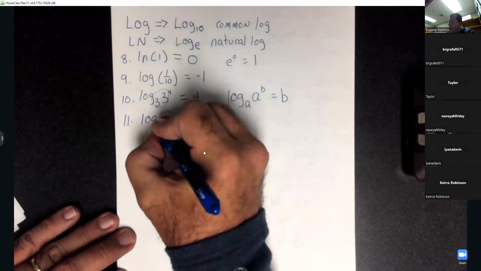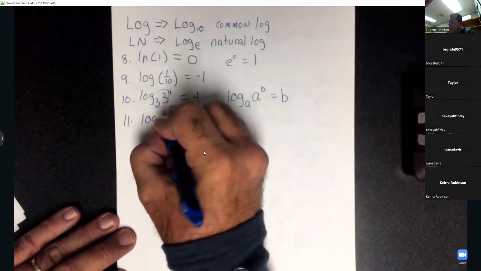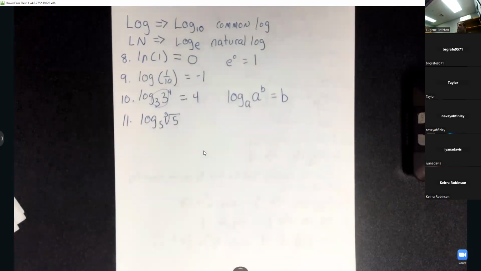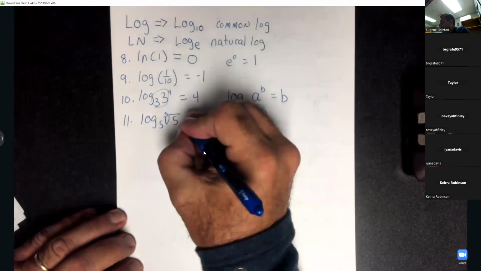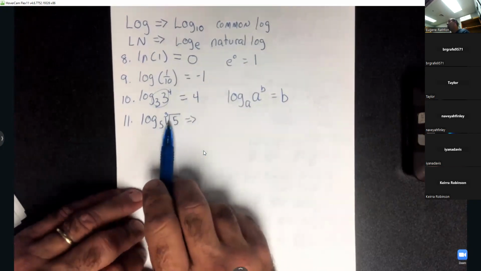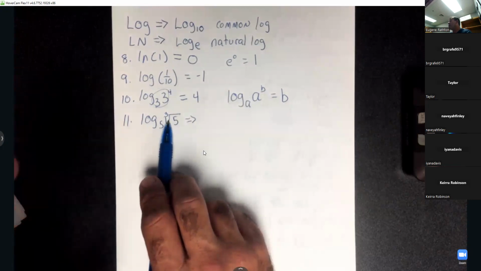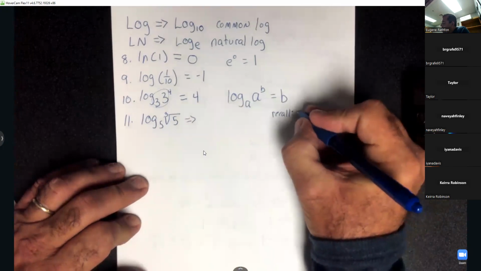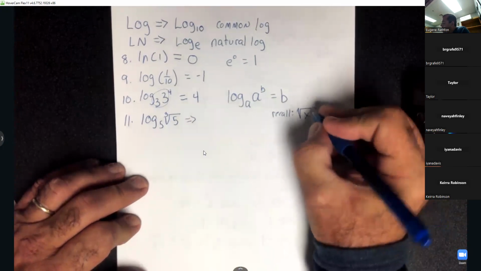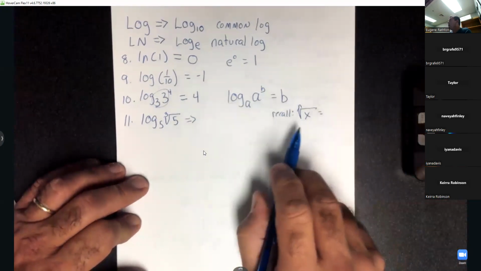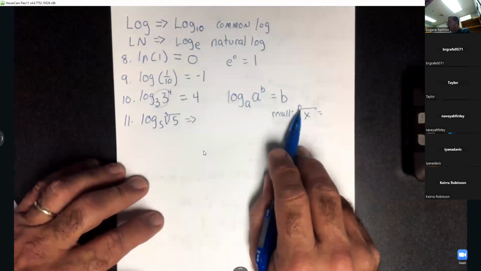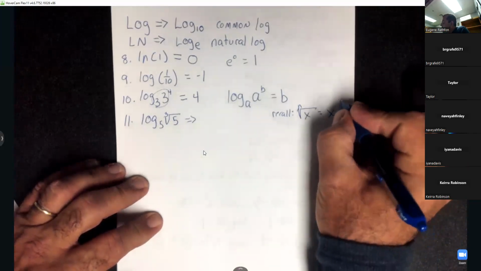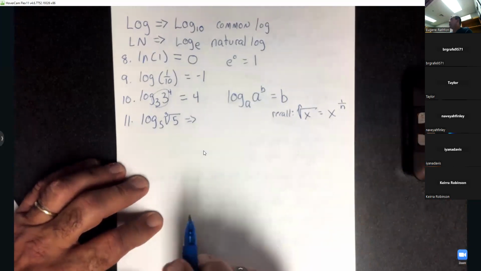Oh, I had another tricky one. Log base 5 of the cube root of 5. So y'all, I'll tell you the truth. I usually rewrite these radicals as fractional exponents. So recall this. Anytime you got a radical, say an index of n, that's the same as this index of 3, we rewrite radicals as fractional exponents.